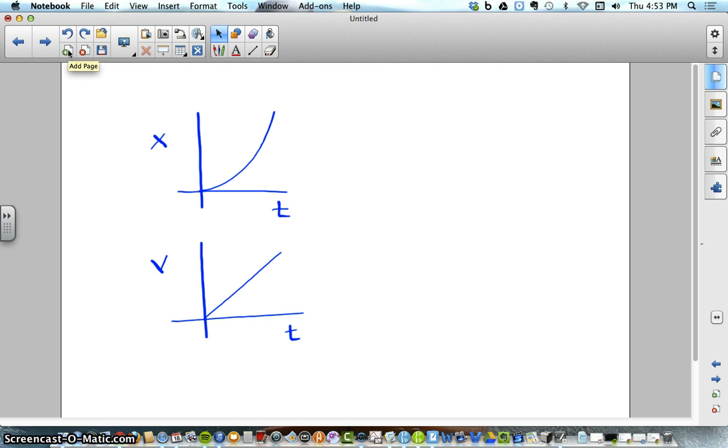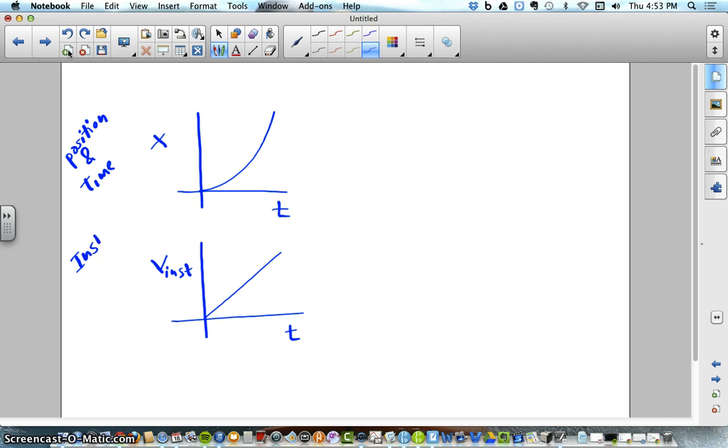We're really investigating two relationships: the relationship between position and time, and the relationship between instantaneous velocity, that's velocity at a moment in time, and time. So there are two separate investigations, if you will.